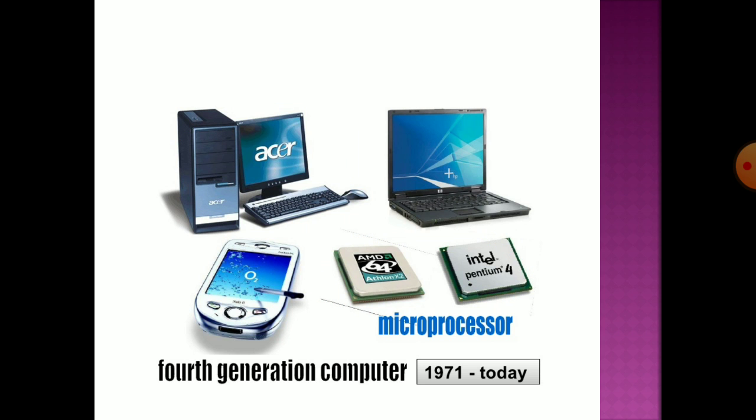Microprocessor means the ALU and CU are not divided. In the CPU we have two parts, one is ALU, another is CU. So here in the microprocessor we don't divide CU and ALU separately, we combine both into one single chip. That processor is called a microprocessor. So this is the example of the fourth generation computer.